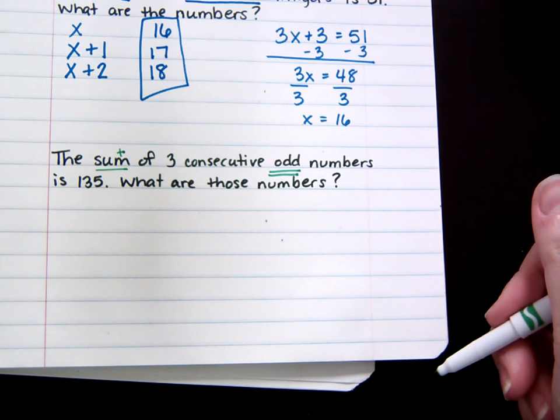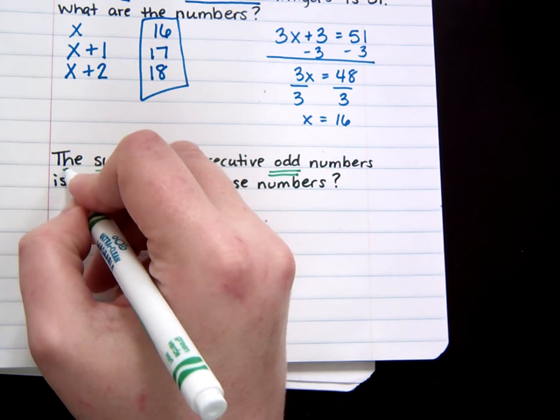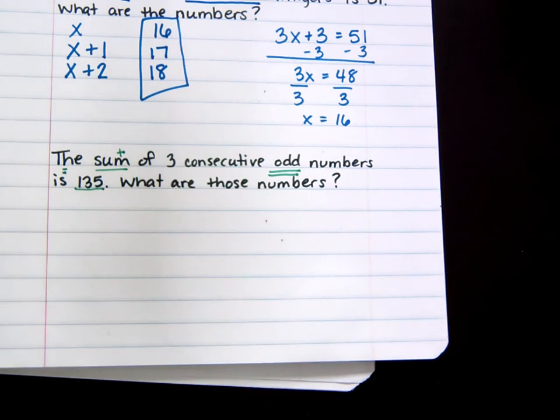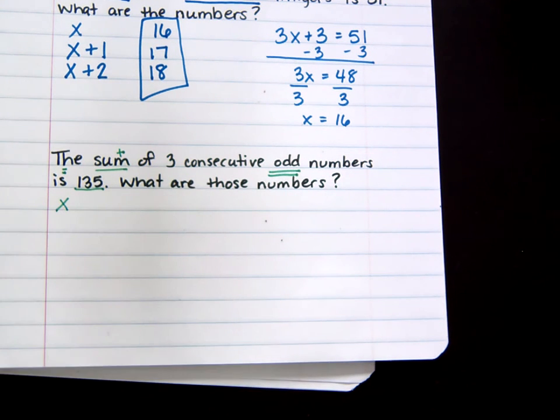The sum of those three odd numbers is, that means equals, 135. So we don't know what the first one is. We're going to call the first one x. You could also say n or z or any other letter. I don't care. We're just going to call it x.